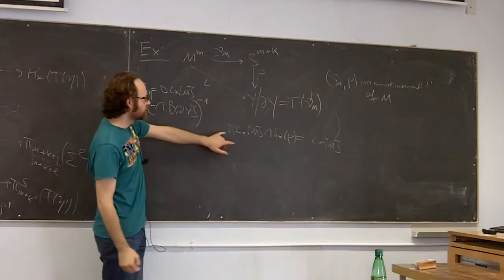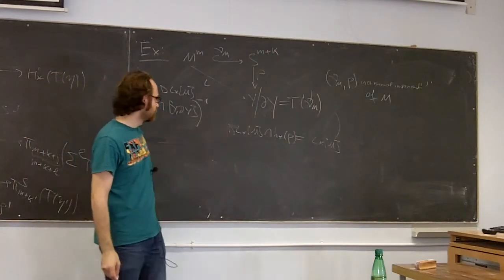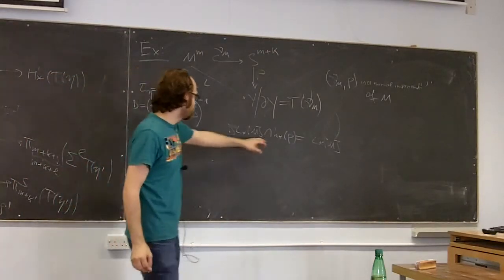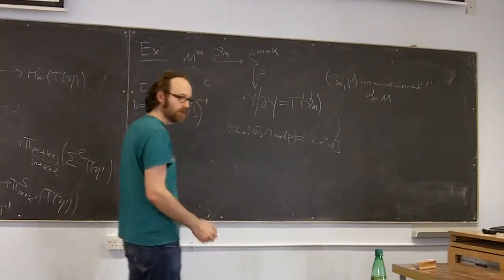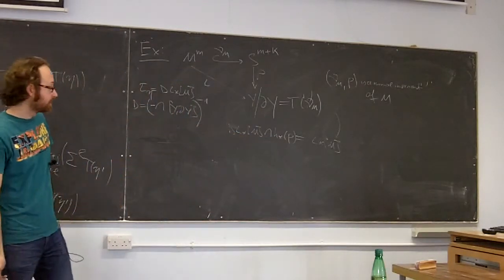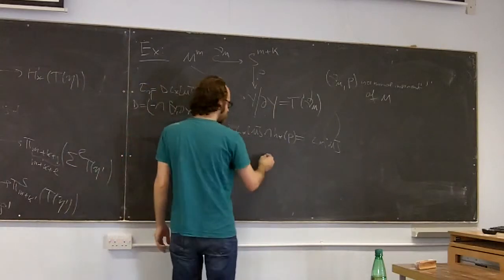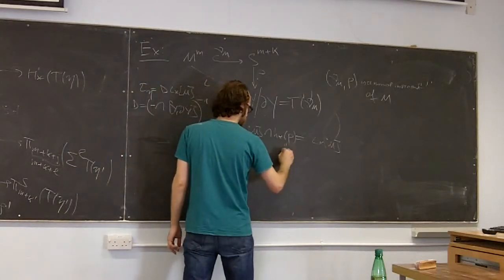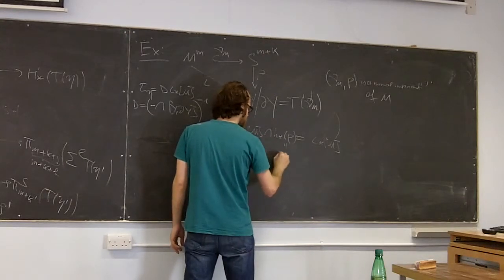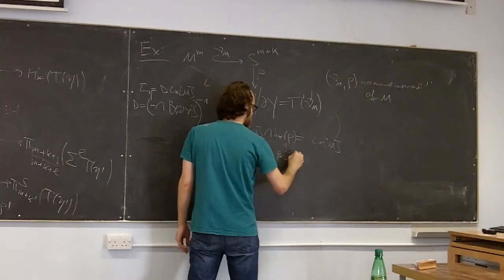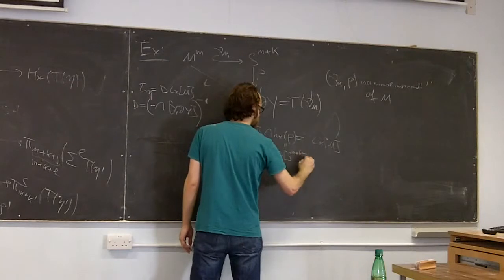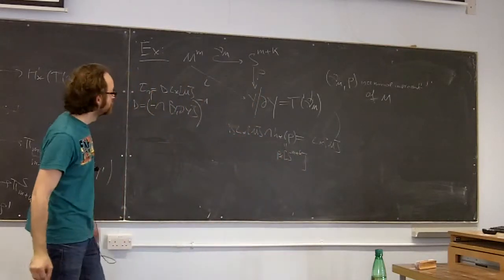So you remember I wrote I star inverse here. So, well, what is this? H star of P. This is just the push forward of the fundamental class of the sphere. So this is just P star of the fundamental class of the sphere.